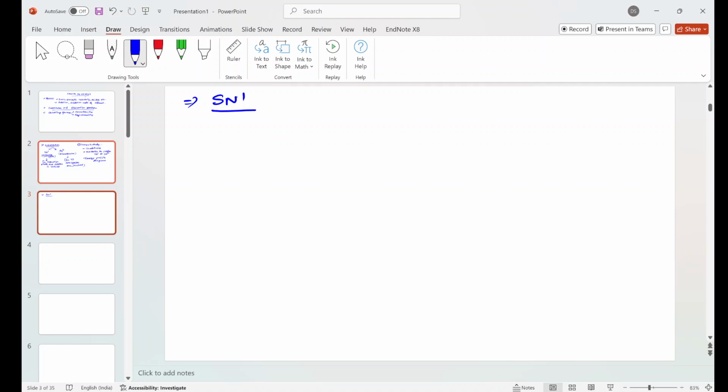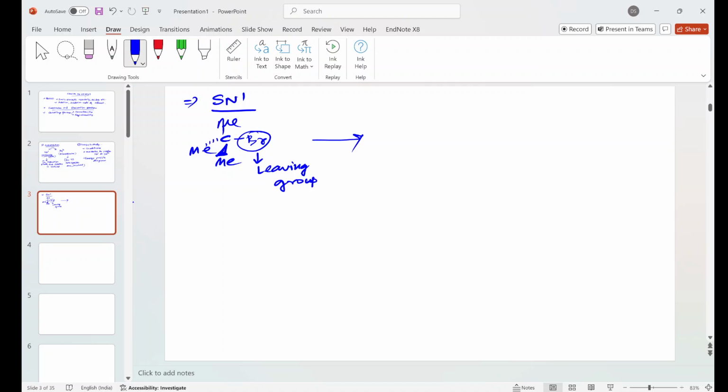So how does it go? Suppose you have a molecule like this, methyl, the tertiary group, which is connected to a leaving group. Suppose this is bromo. This we call the leaving group. What happens when you have a very weak nucleophile?